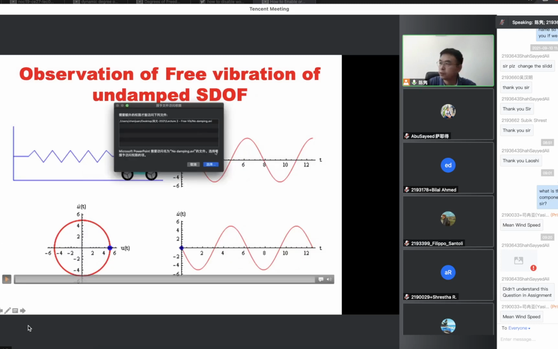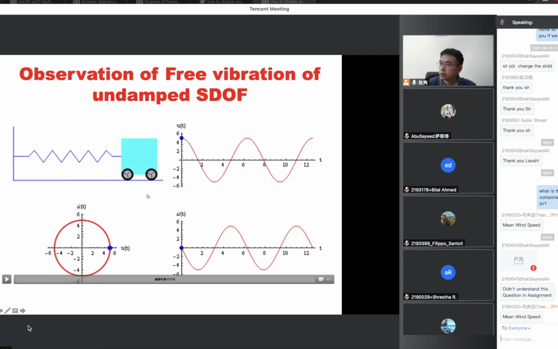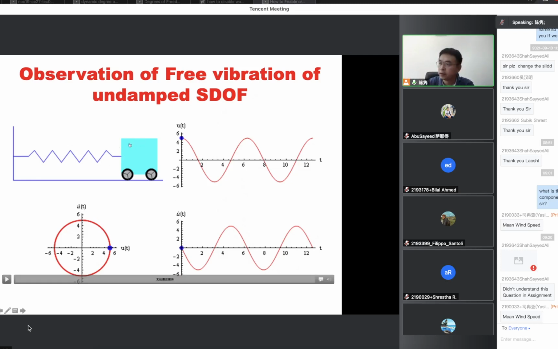I'm not sure if we can have this video work. We can observe, if you have an SDF system, a structure, you push it away from its original position, introduce an initial displacement, like you have a mass here, you pull this structure away from its original position, then suddenly release.